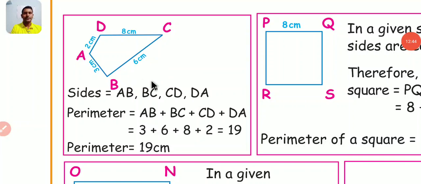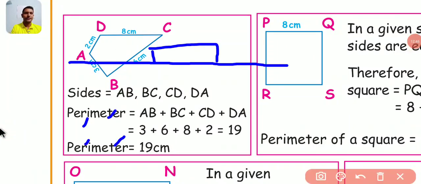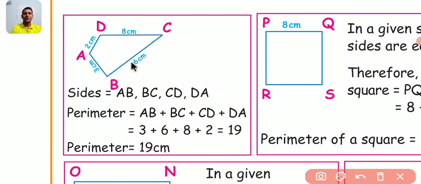Here we have one figure. In that we have to find the perimeter of this figure. Perimeter is nothing but what? Sum of all the sides.